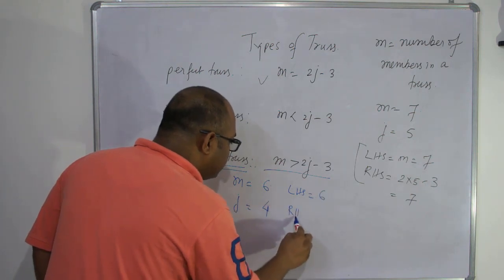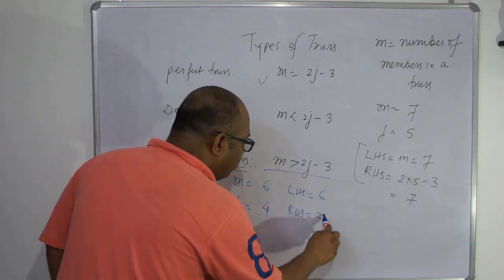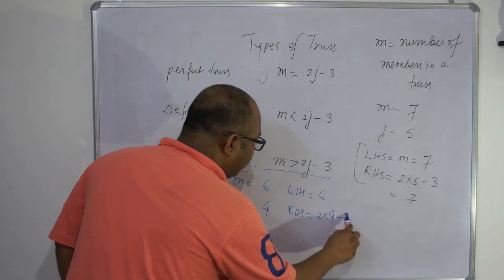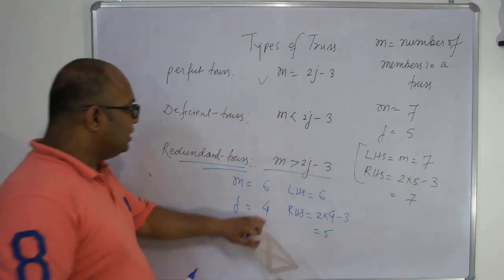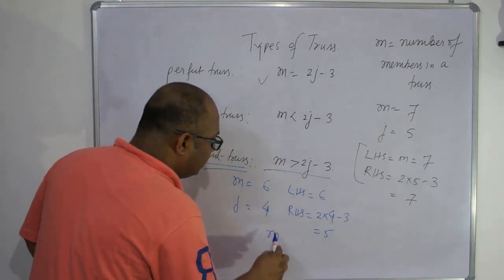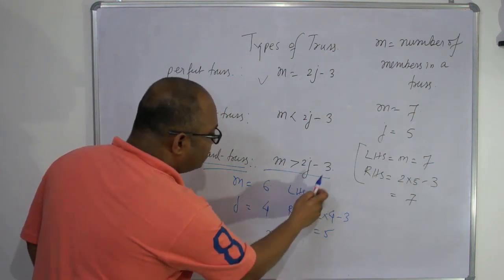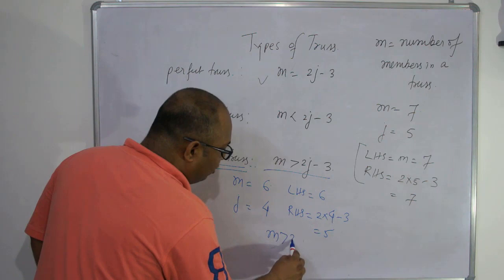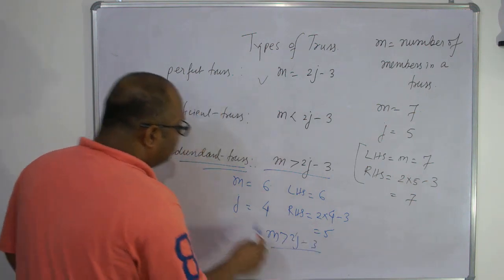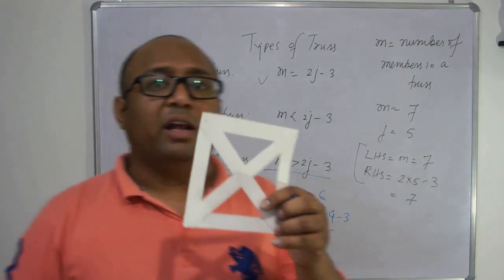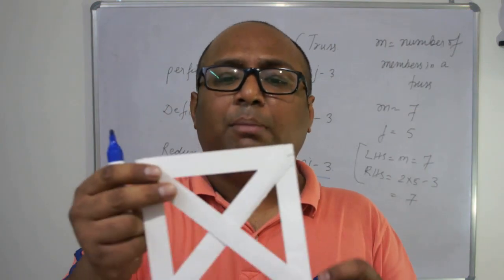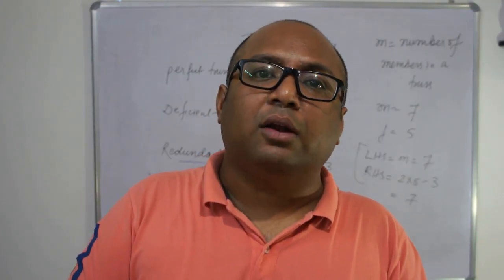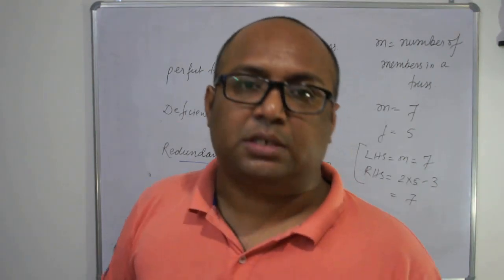And RHS is 2 multiplied by 4 minus 3, which is equal to 5. You can very easily see that m, which is 6, is more than 2j minus 3, which is 5. So these types of structures, which are over constrained, over rigid, meaning more members than required, are called redundant truss.